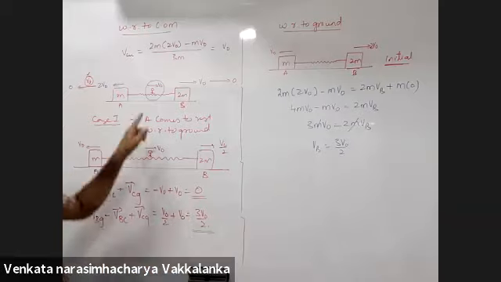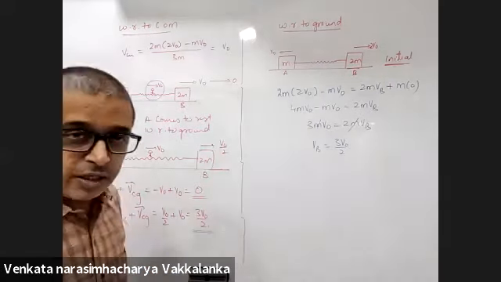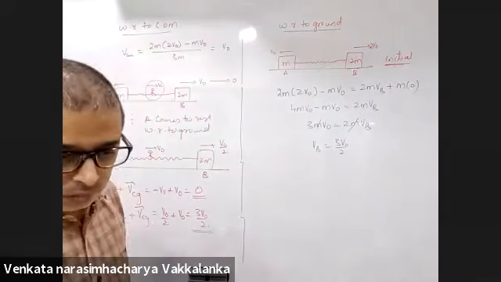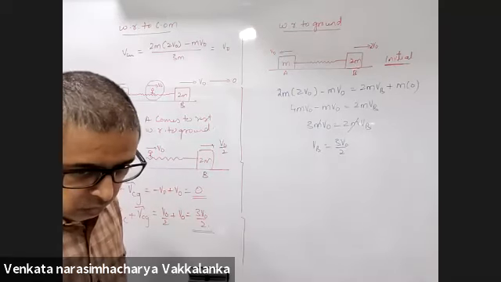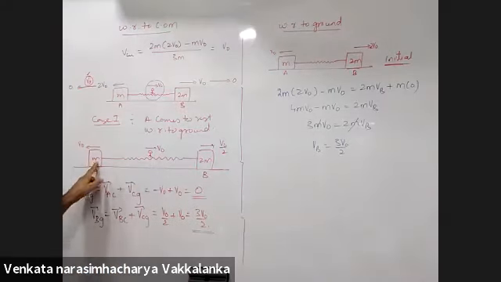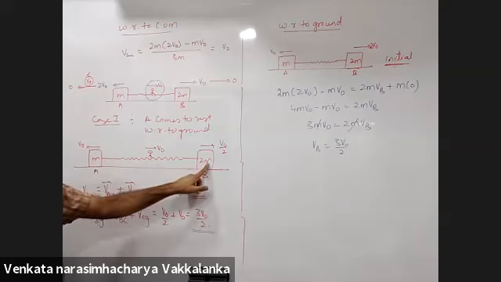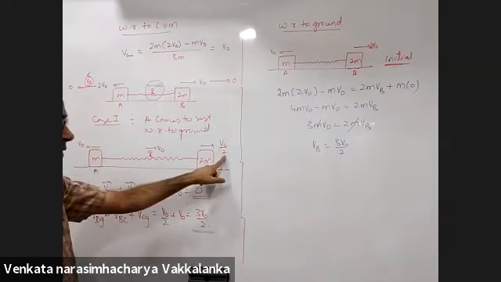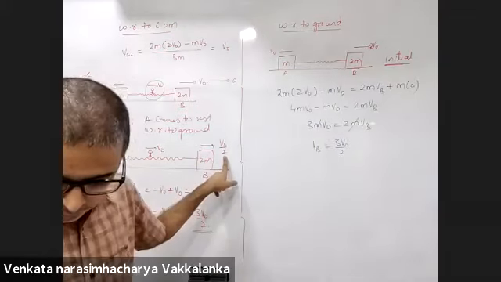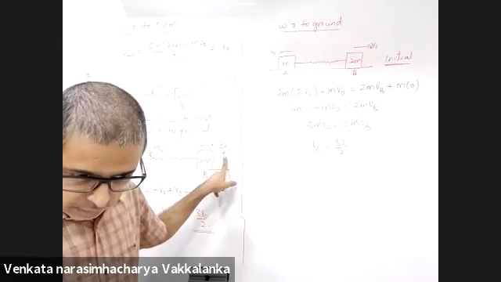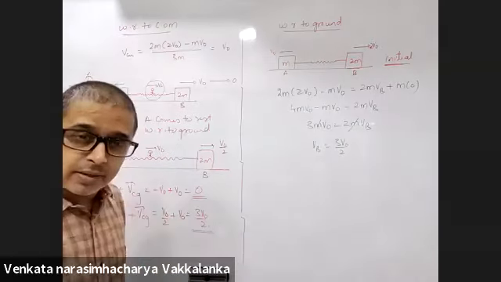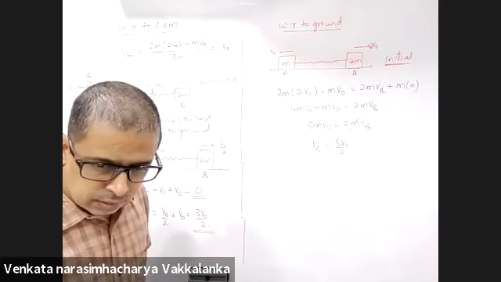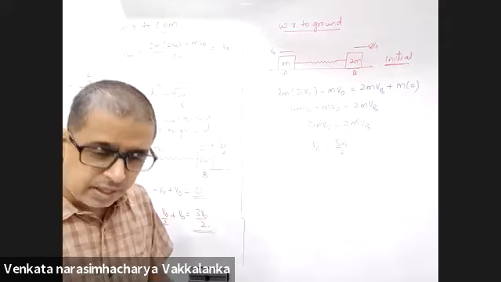Momentum of all the particles in the center of mass frame, summation should be 0. Yes or no? Yes, sir. So if this is m into V naught, this should be 2m into Vb such that both are equal. How much will this value turn out to be? V naught by 2, sir. Is that clear? Yes, sir. Next.